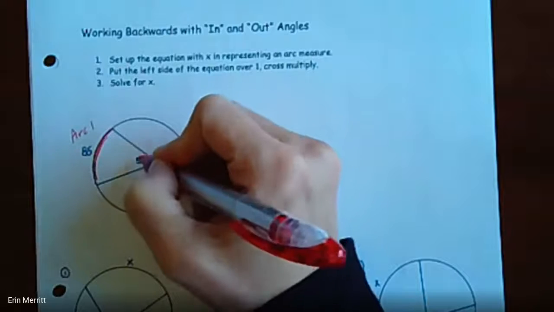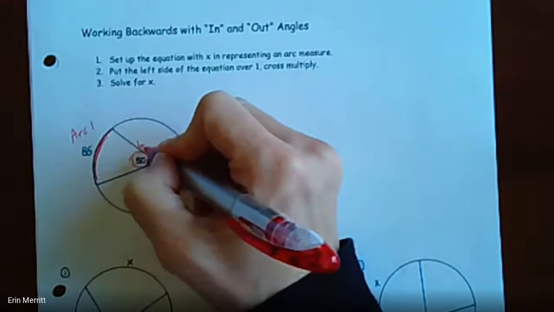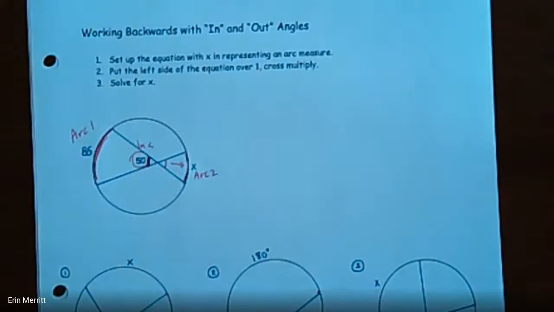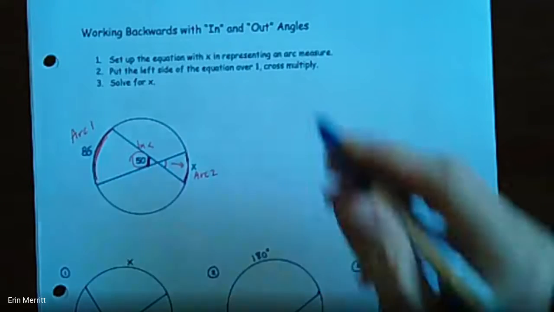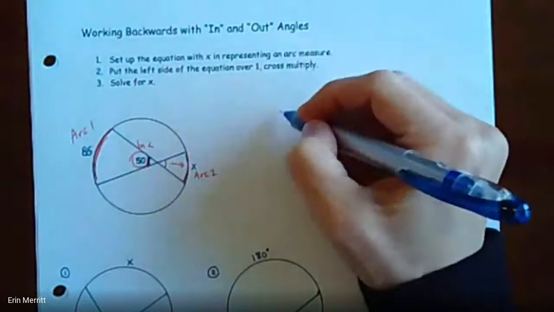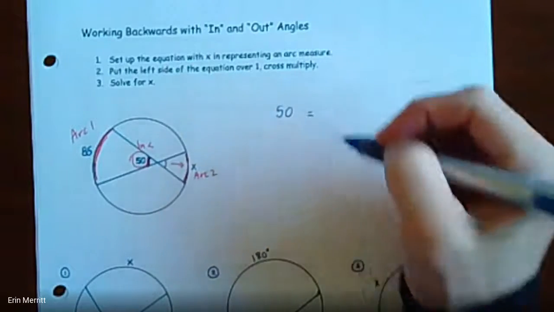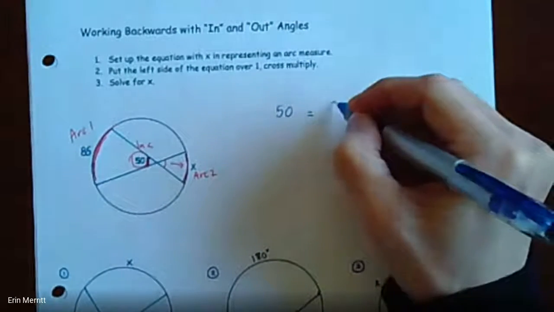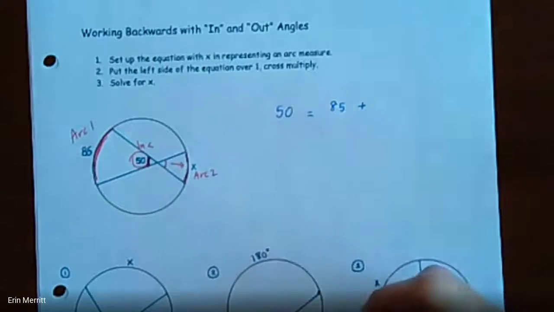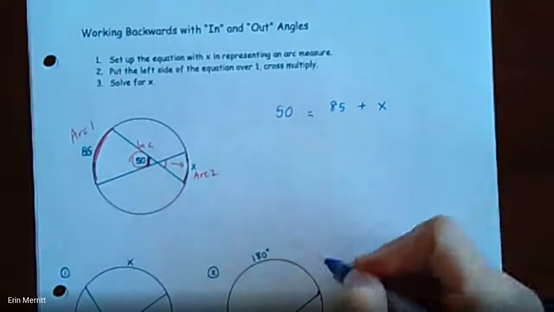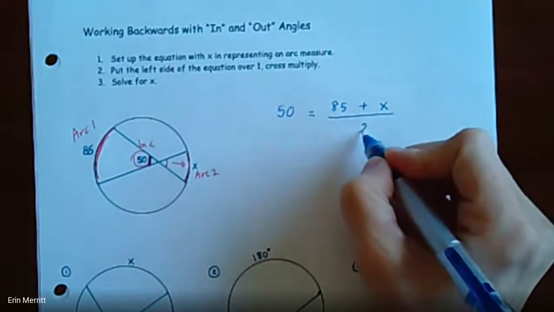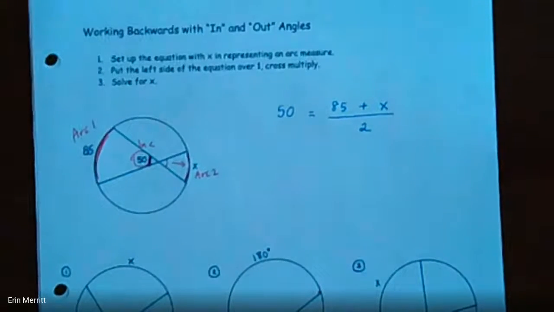And then 50, that's the actual in angle itself. So when you go to plug into the equation that we just talked about a moment ago, the in angle goes on the left, and then arc 1, 85, plus arc 2, x, over 2 is the equation.